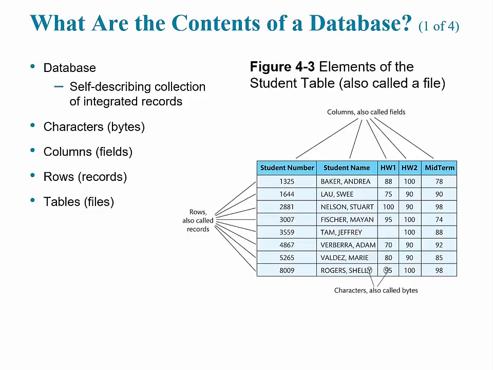Then we have rows going horizontally, also called records. Then we have fields and records consisting of a table. Okay. Well, basically the table consists of columns and rows, and multiple tables will make a file, right? And you can have many, many tables in a single file, for example.